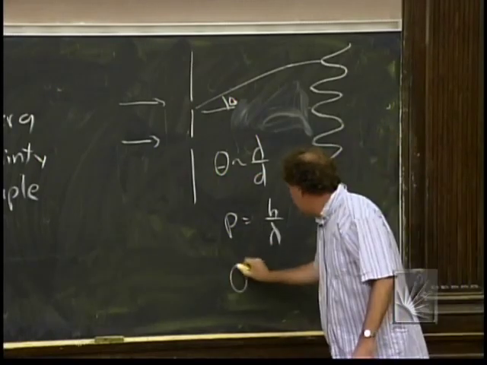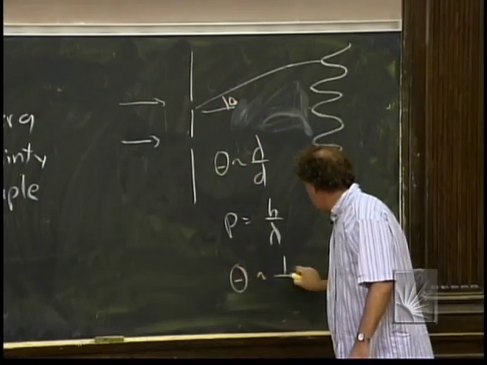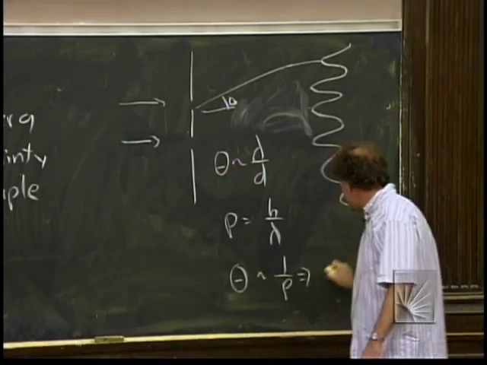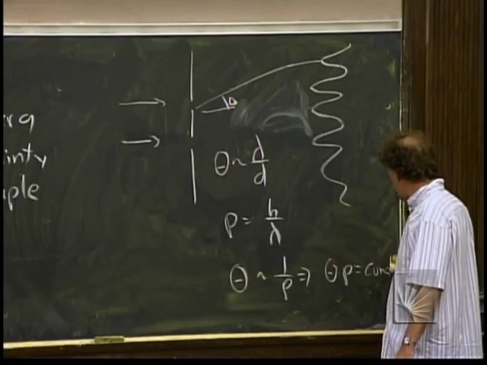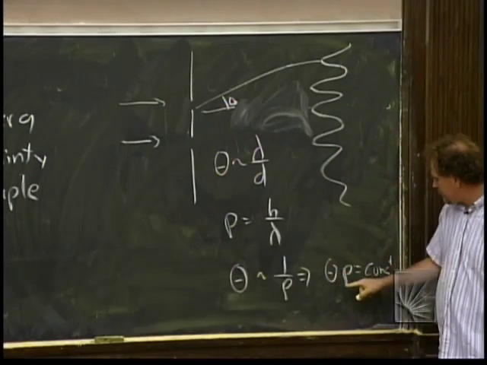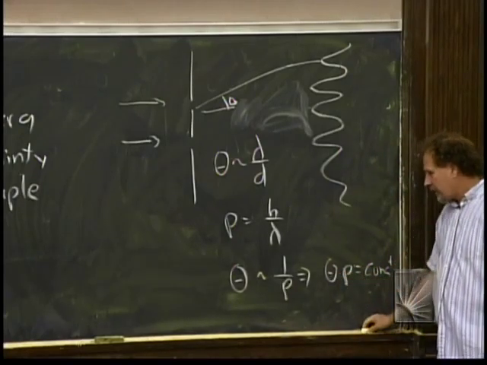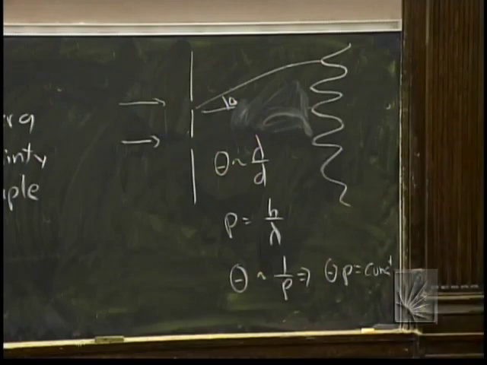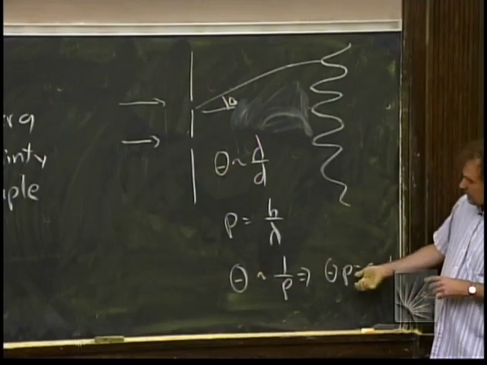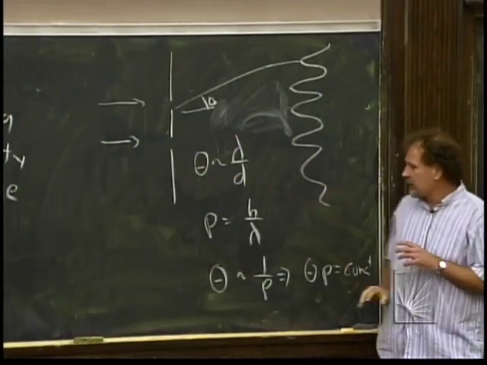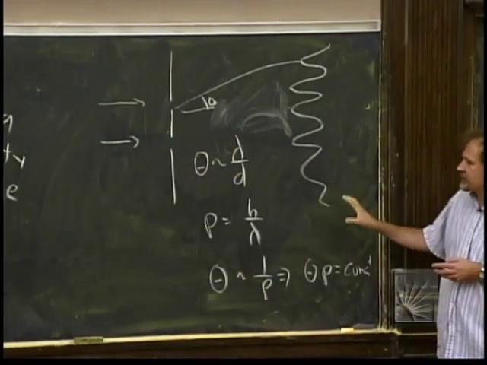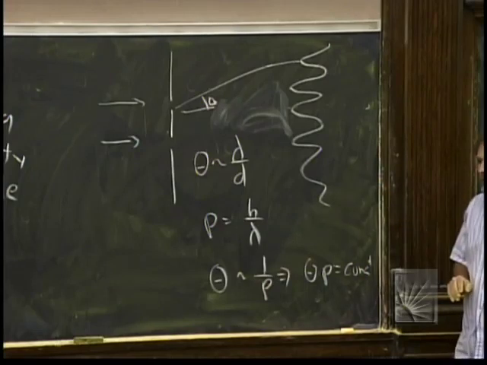So theta goes like 1 over momentum, which is to say theta times momentum in this case is a constant. So as theta gets bigger, p gets smaller. And this is a crude argument, because I wrote p here, I didn't write delta p. I'll try to be a little more specific later, but this is a version of it that you're going to work out in your homework.